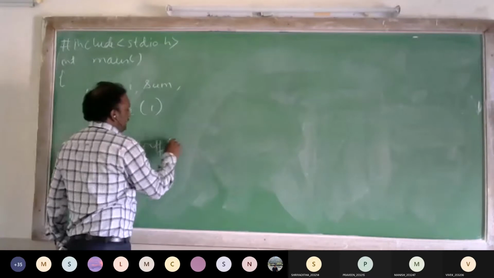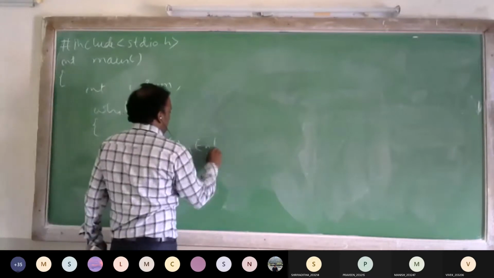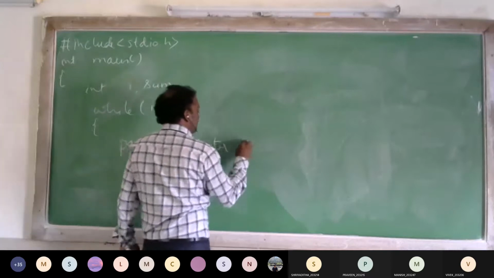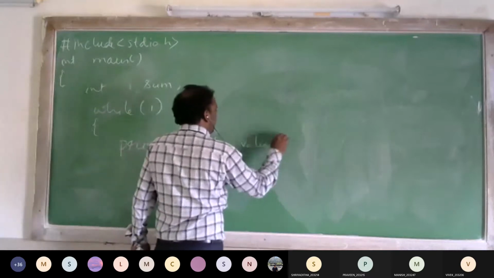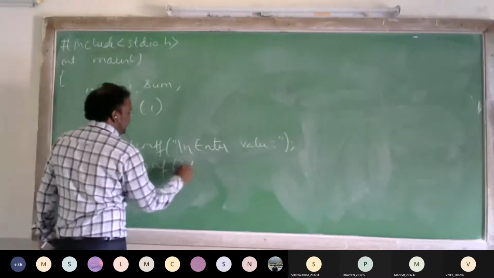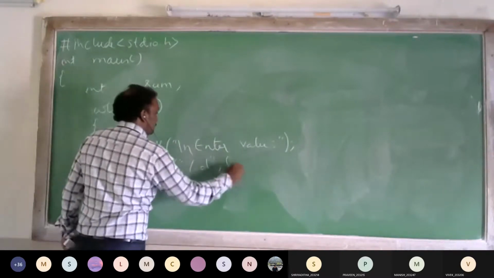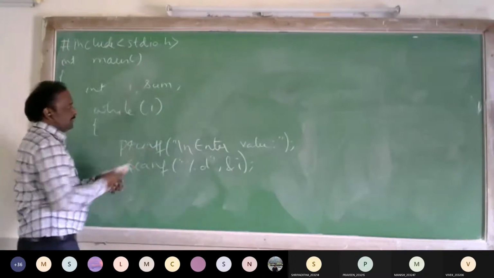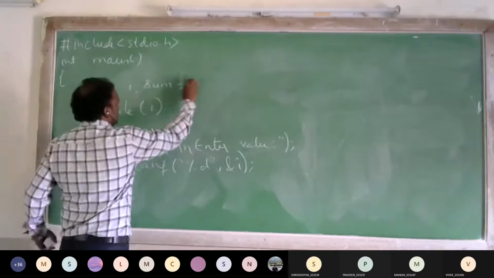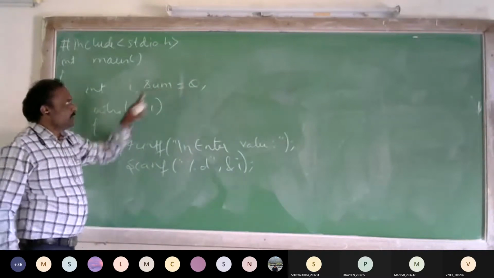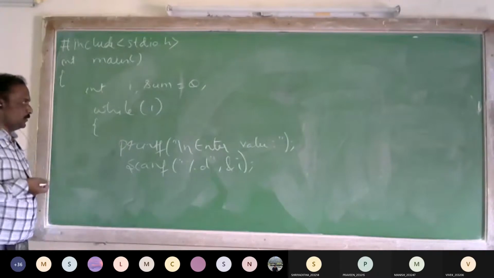Inside, printf enter value, and scanf %d, address of i, to read the value of i. The initial value of sum is 0; whenever I declare the variable sum, I initialize it with 0.